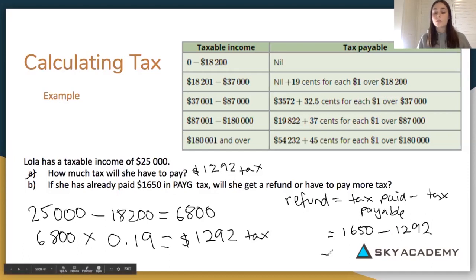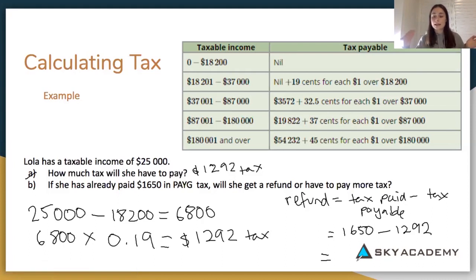She's going to get a refund because this tax paid is bigger than the tax payable. She's already paid too much, so she's going to get the tax back that she didn't need to pay. 1,650 minus 1,292, and so she's going to get a refund of $358.